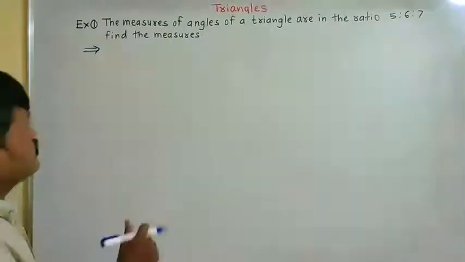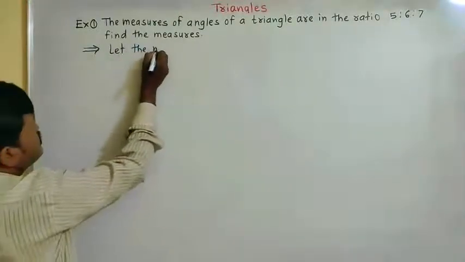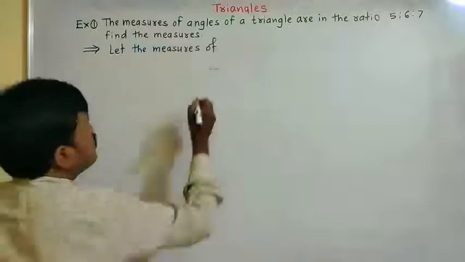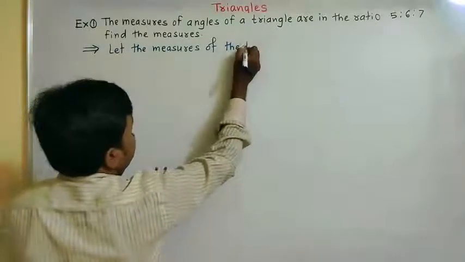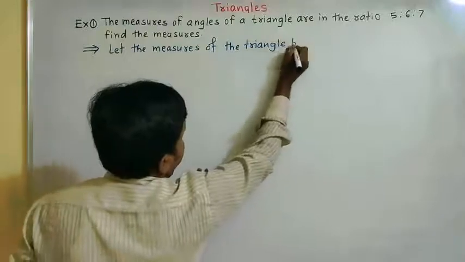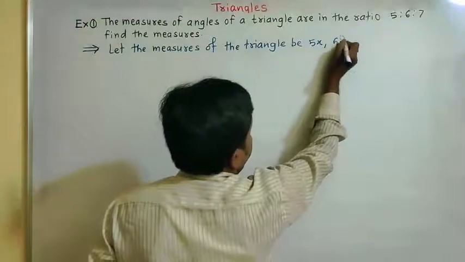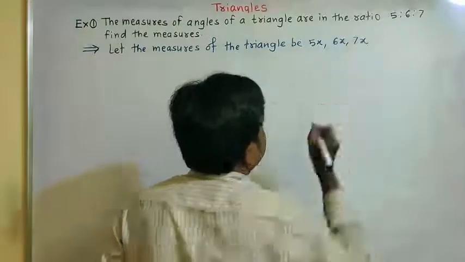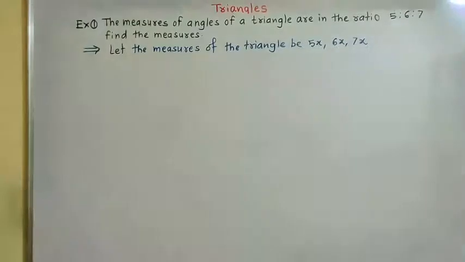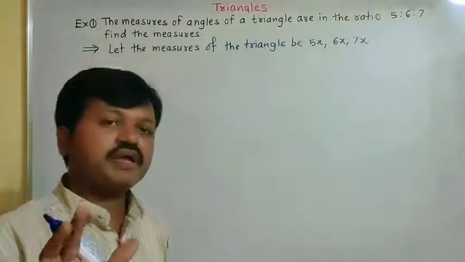Therefore, let the measures of the angles of the triangle be 5x, 6x, 7x. So these are the three angles of this triangle, and we know the property of the sum of angles of a triangle.